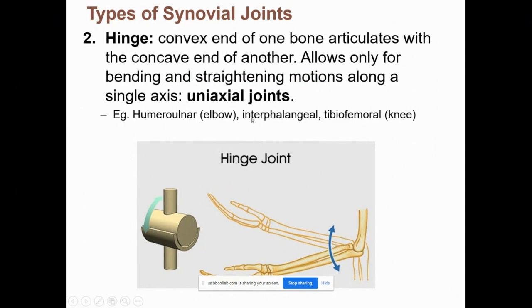And the joint between your finger bones, the interphalangeal, there and there. Of course, the thumb only has 1 of them. The other fingers have 2 of them. Those are examples of hinge joints. So you should know these 3 examples as hinge, and all hinge joints just move in one plane. They bend and straighten, right? So they're uniaxial.